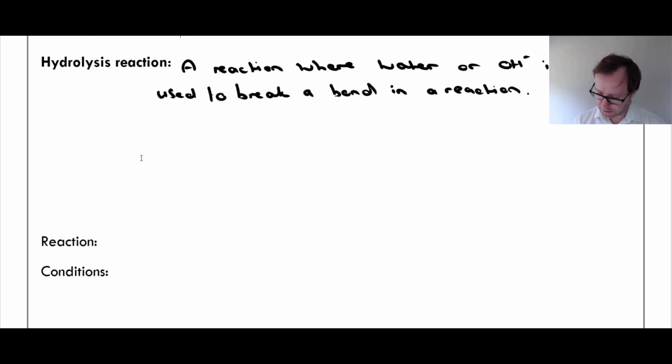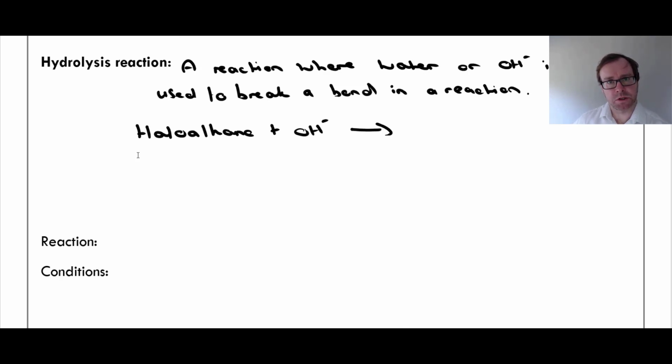Okay, and you need to know about hydrolysis reactions. The general formula for a hydrolysis reaction is my haloalkane plus OH minus. You may also see it with water. We'll do another example of water in a bit. It goes to an alcohol plus X minus.